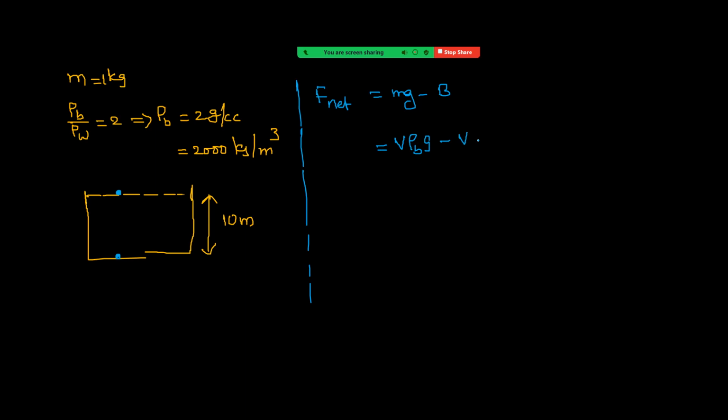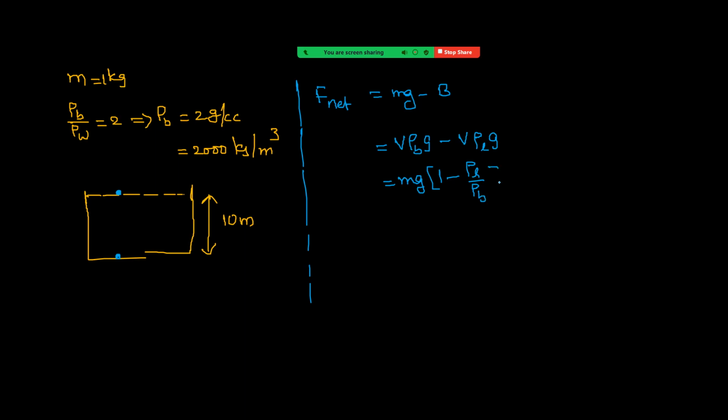Buoyancy force is volume into density of liquid into g, because it is now completely immersed. Okay, see how much it is. I am taking mg outside. See what else is left? 1 minus rho L upon rho B.